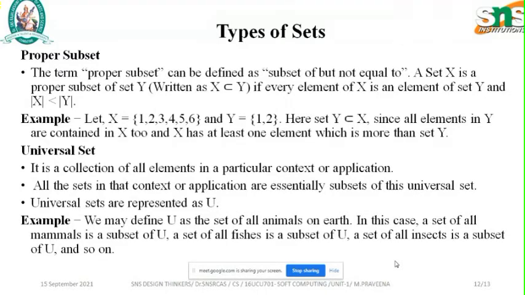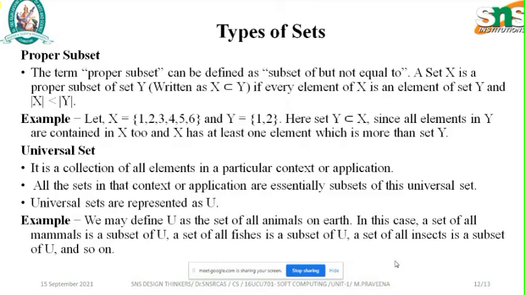You see the example. We may define U as the set of all elements on earth. So all the elements, it can be domestic animals or wild animals. Likewise, all the elements, we can define it as the universal set.